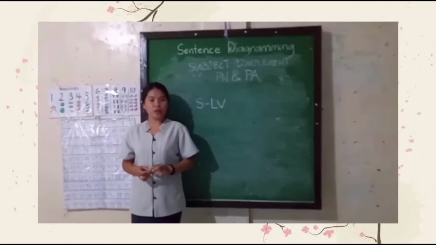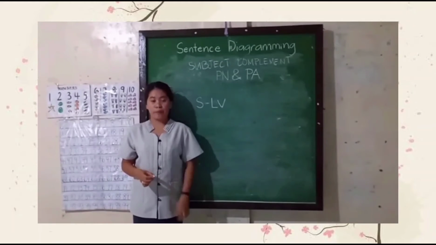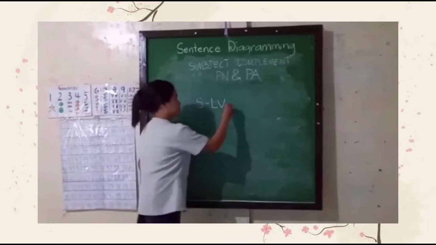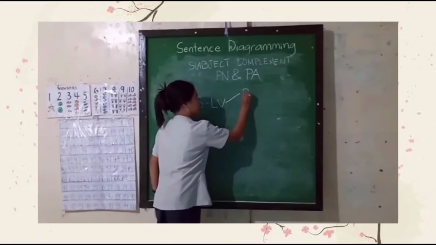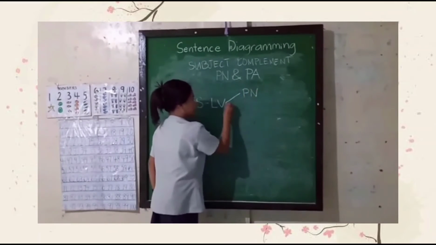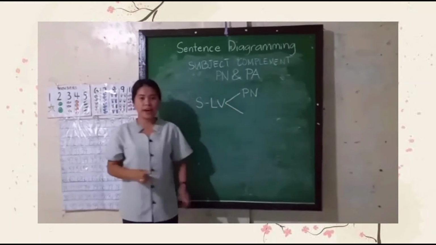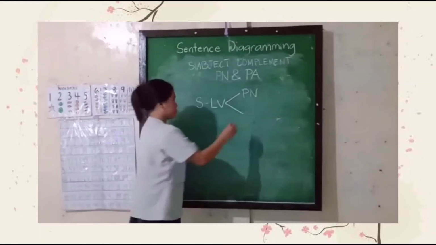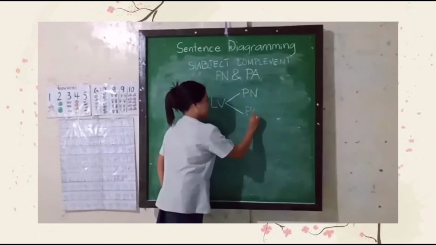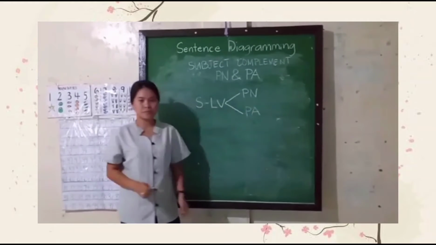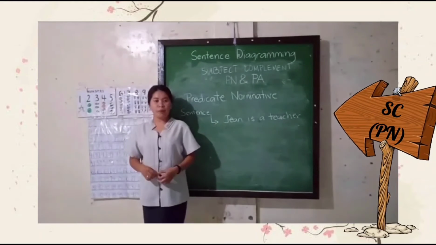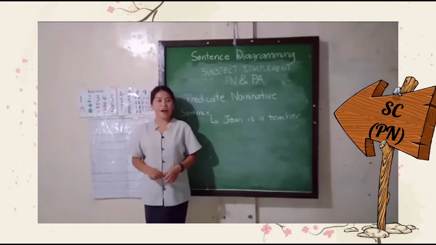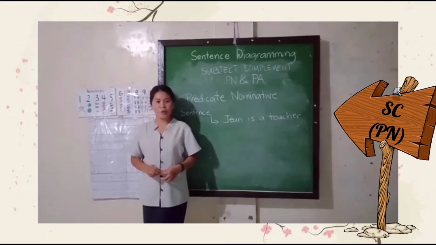Your complement will either be called a predicate nominative or a predicate adjective. Predicate nominative or PN are nouns in the predicate that equal or equate to the subject.